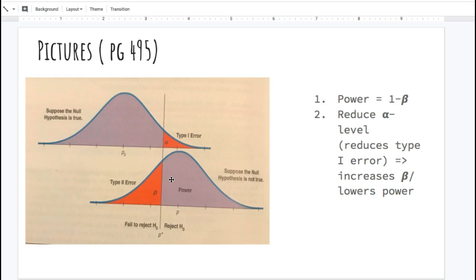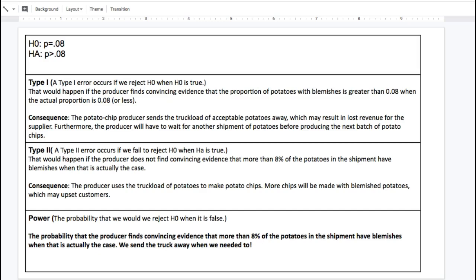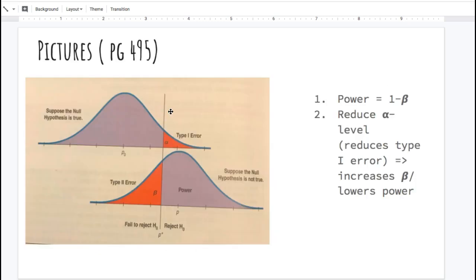Now, what we want to think about is if I was able to slide this bar over as we reduce our alpha level. Let's say we were going from a 5% cutoff, the typical alpha level we use, to a 1% cutoff. As this slides, you want to visualize this alpha getting smaller.